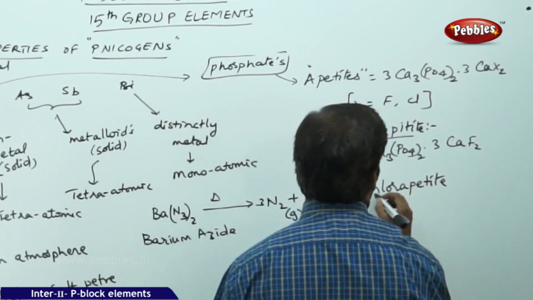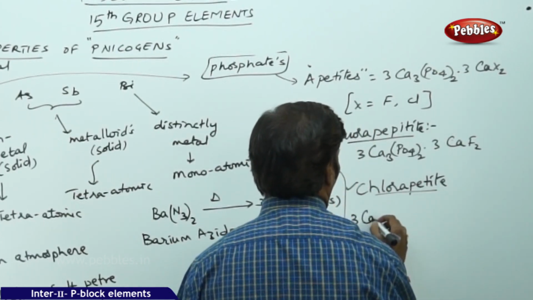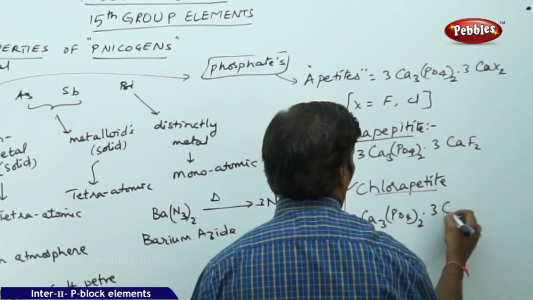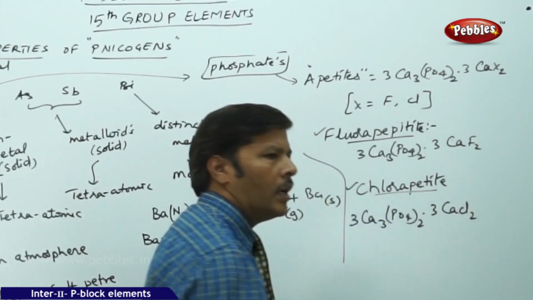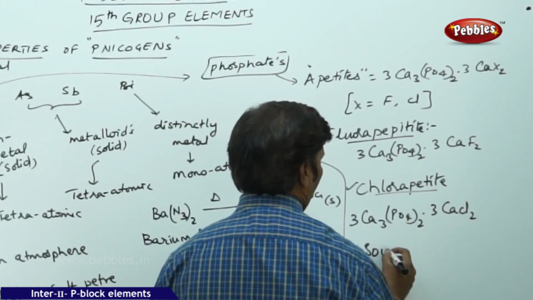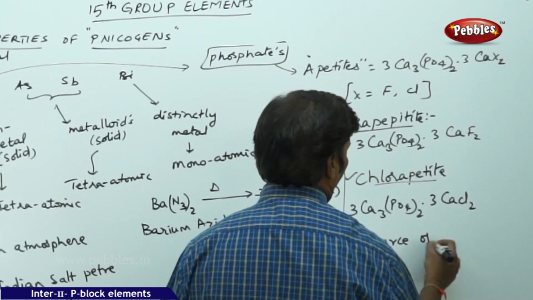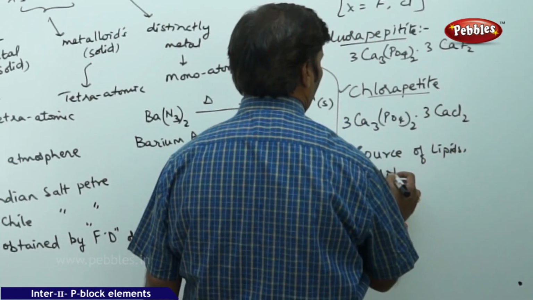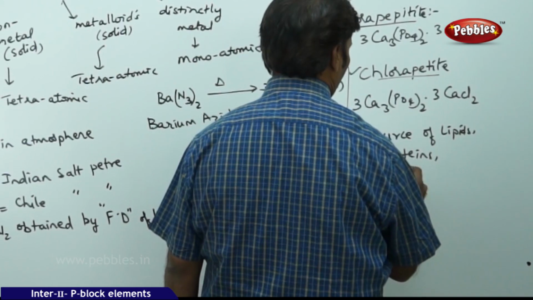For chlorapatite, we can use the formula 3Ca3(PO4)2·CaCl2. Phosphorus is also present in animals, as a source in lipids, proteins, and in bones.